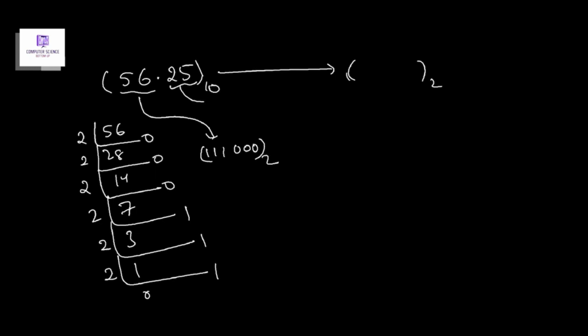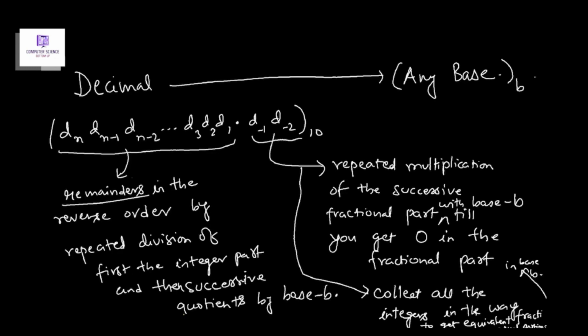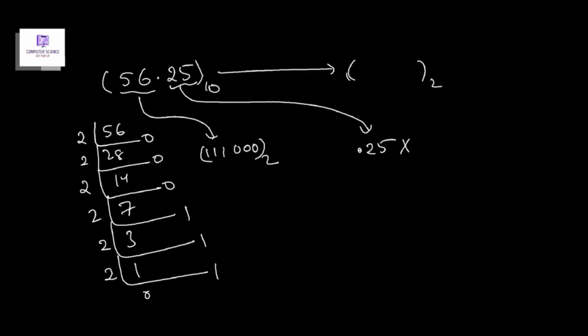And for 0.25 what are you going to do? It says repeated multiplication of the successive fractional part. So 0.25 into, what is the base? Base is 2, so 0.25 into 2 is equal to 0.50, right? So 0.50 into 2 is nothing but 1.00.